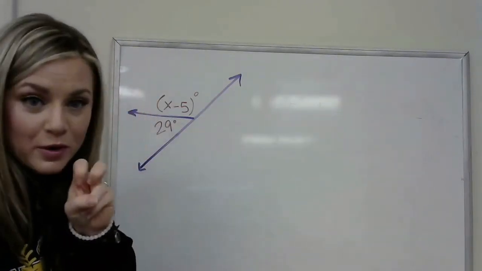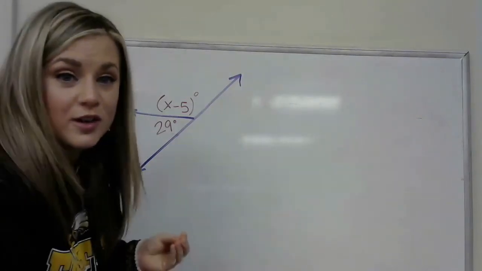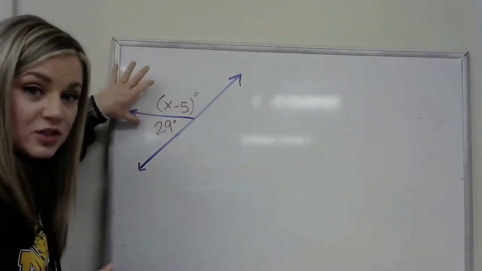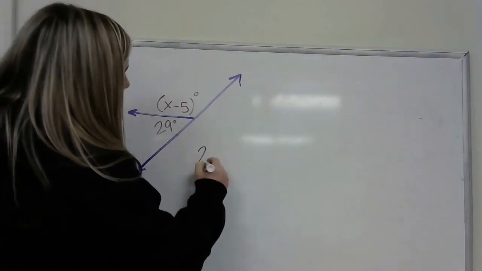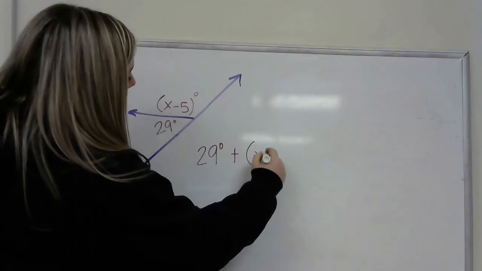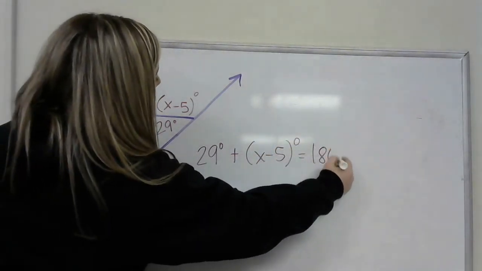These are supplementary angles. We know that supplementary angles add to be 180 degrees, right? So I know if I add these two together, their sum is going to be 180 degrees. All right, so we're going to do that: 29 degrees plus x minus 5 degrees equals 180.